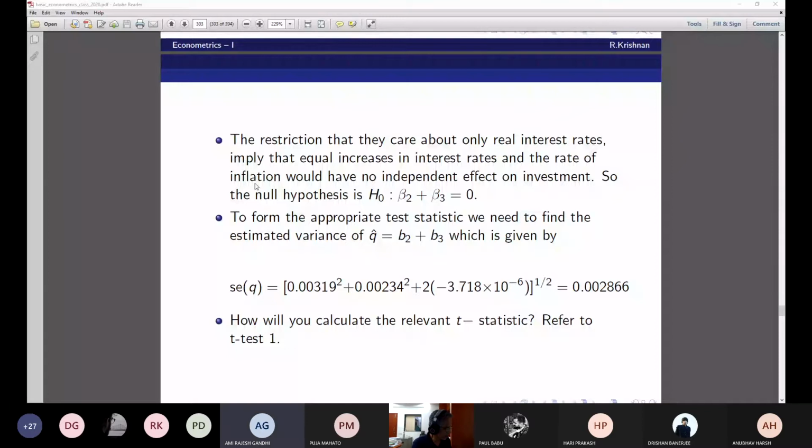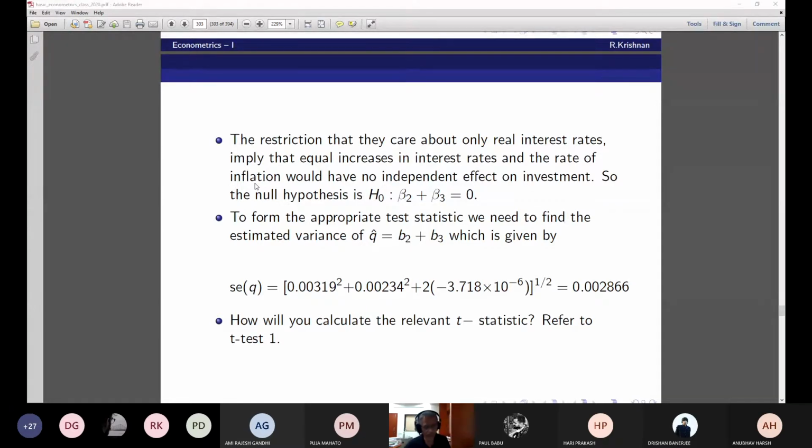The Q, the hypothesized value. Hypothesis is not 0, it's 1. So H0: B2 plus B3. Hypothesis B2 plus B3 is equal to 0. Okay, right. Sorry, I was confusing it with marginal propensity to consume. Right. B2 plus B3 equal to 0, and then you calculate.